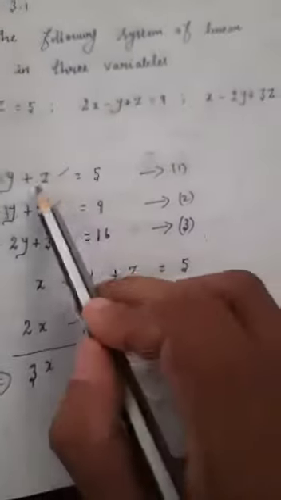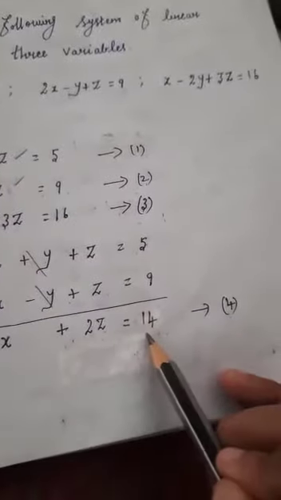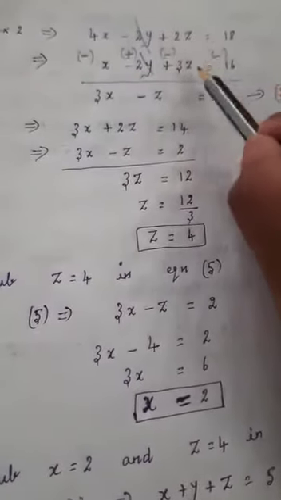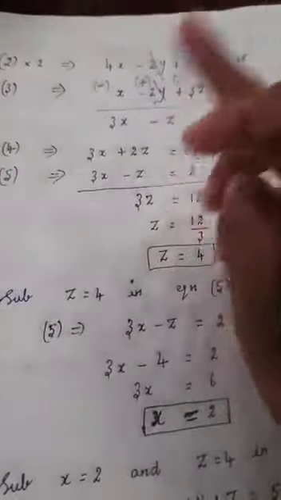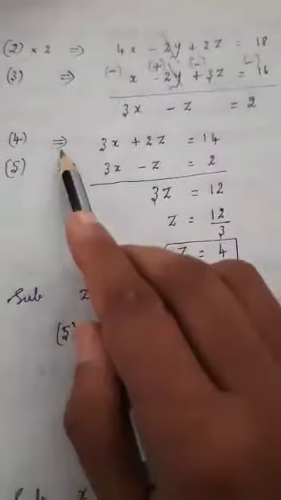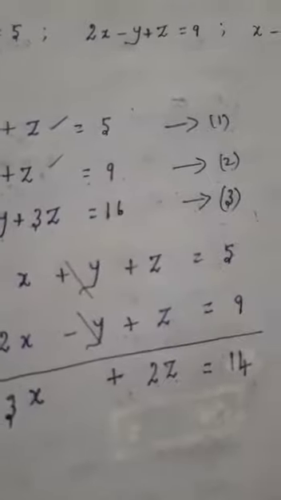The fourth equation came from the first and second pair, and the other new equation came from the 2 and 3 pair. So now we are going to solve equation 4 and 5. Now the new equations we are going to solve. See here, in these two equations any one variable we need to eliminate.